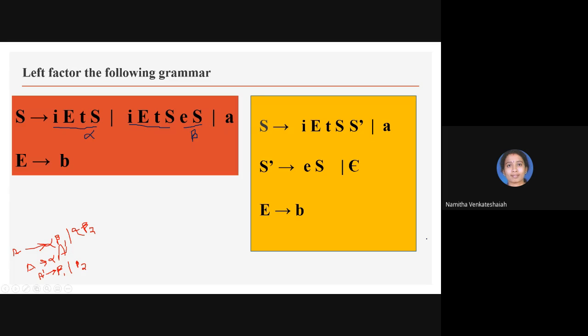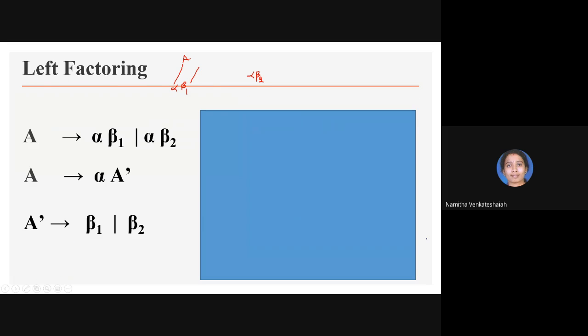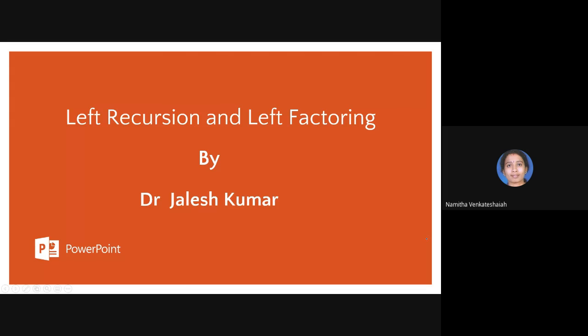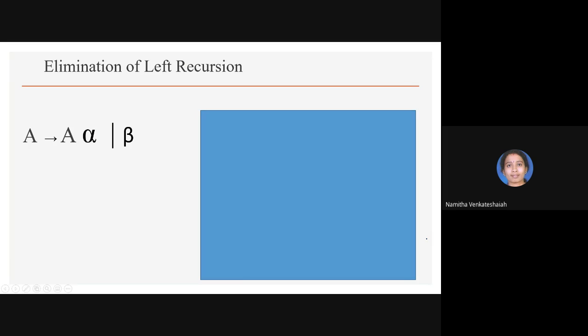Okay, so that's all. Let me quickly summarize what we learned in today's class. We learned how to remove left recursion and how to remove left factoring. The removal of left recursion is very simple. If it is of the form A produces A alpha or beta, we should rewrite A produces beta A dash and A dash produces alpha A dash or epsilon.